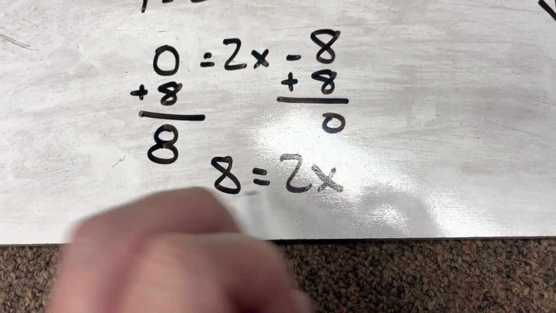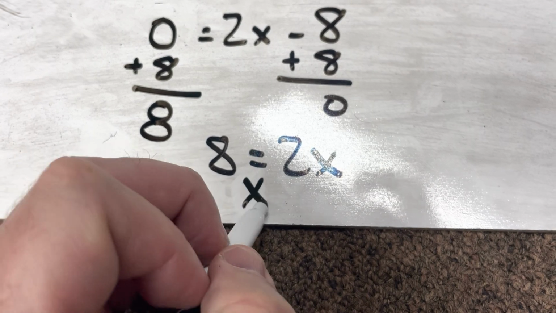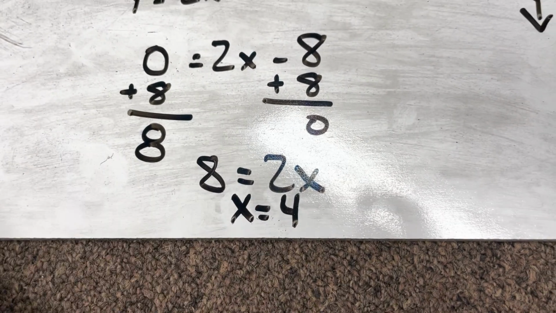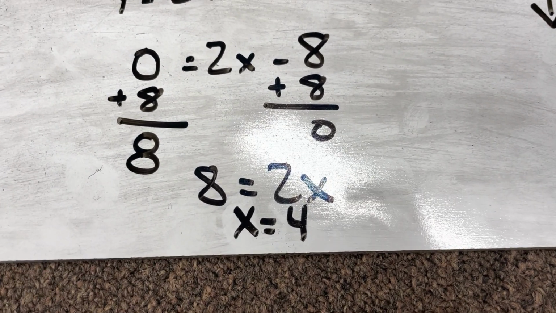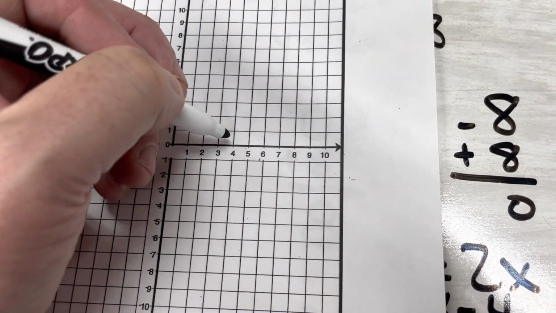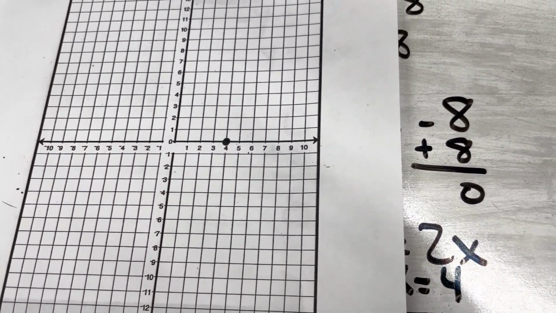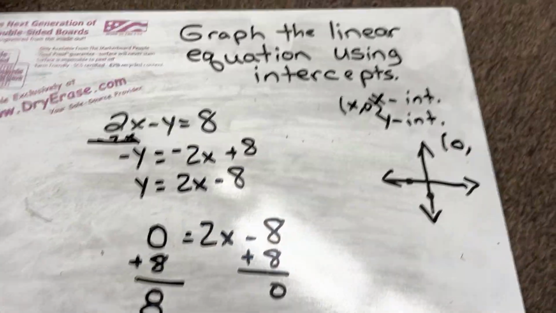If 8 equals 2x, I'm going to divide everything by 2 to isolate x, and that tells me that x equals 4. That means when I go to my graph, x has to equal 4. So I go to my x-axis, and I put a dot on 4.